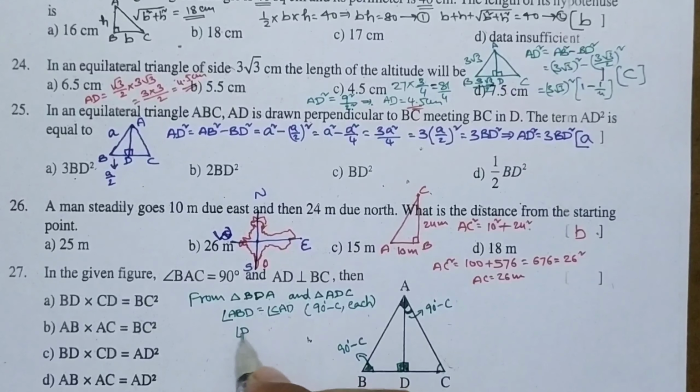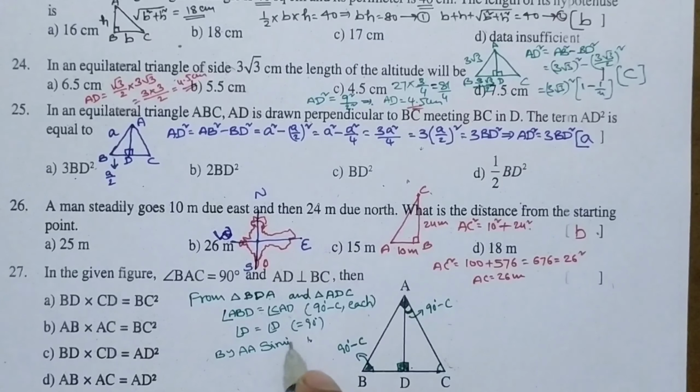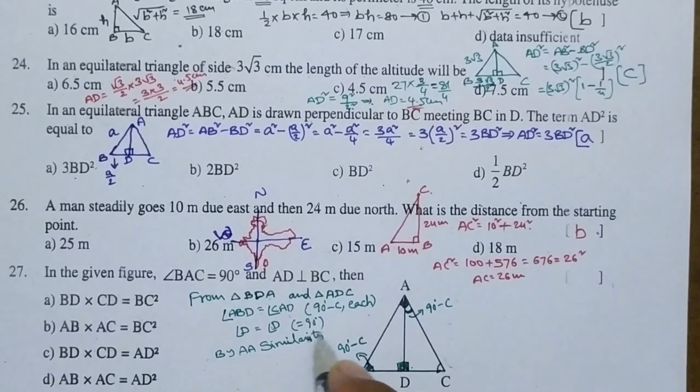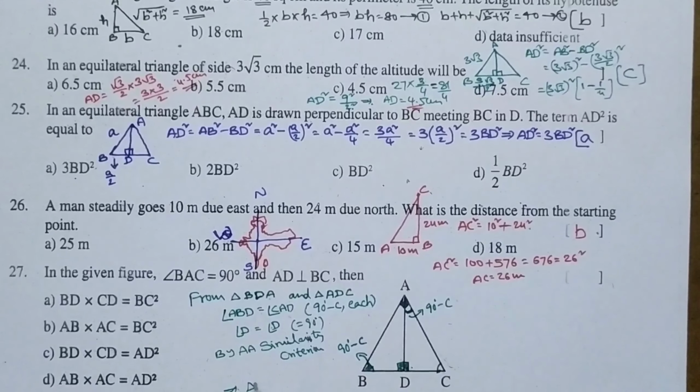And in this triangle angle D, both are 90 degrees each. So since two pairs of angles are equal, by AA similarity criterion, we can say that triangle BDA is similar to triangle ADC.